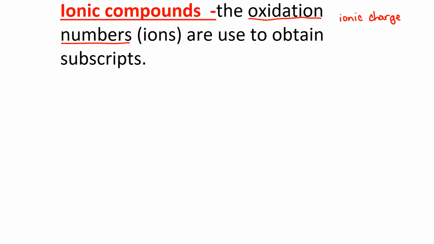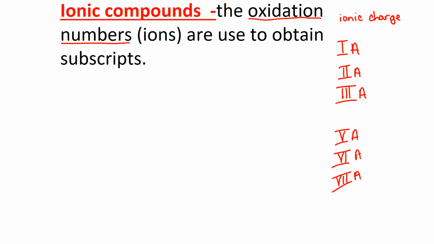So if you think about your periodic table, I have group 1A, group 2A, group 3A, group 5A, 6A, 7A. These are our main group elements, right?